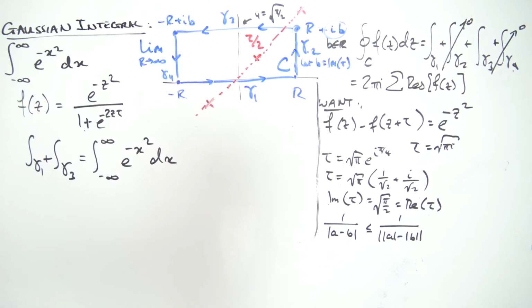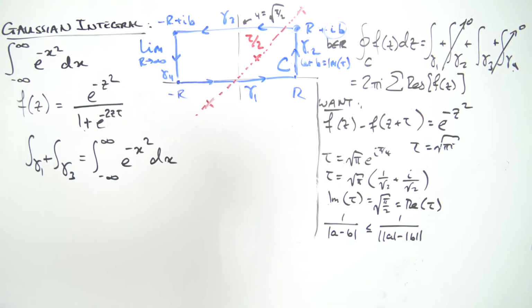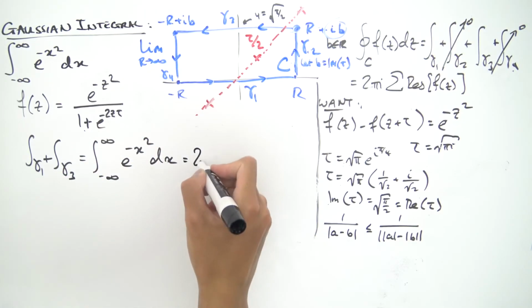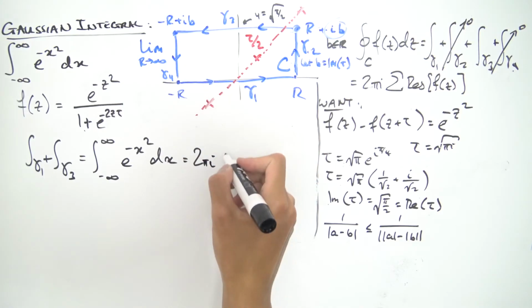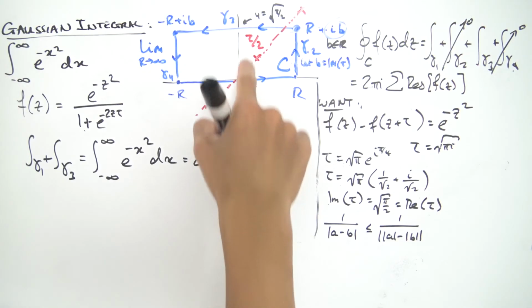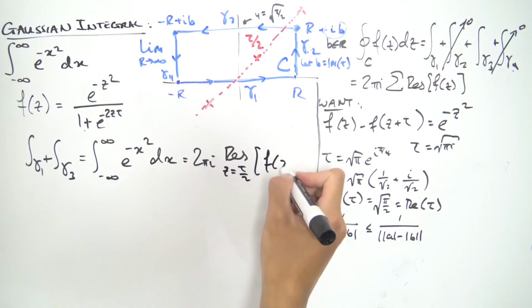And all that's really left for us to do is to calculate 2 pi i times the sum of residues. So this Gaussian integral that we have so far, we can now safely say that it's equal to 2 pi i. We only have one residue in here, so that's going to be 2 pi i times the residue at z being equal to tau over 2 of our function f of z.